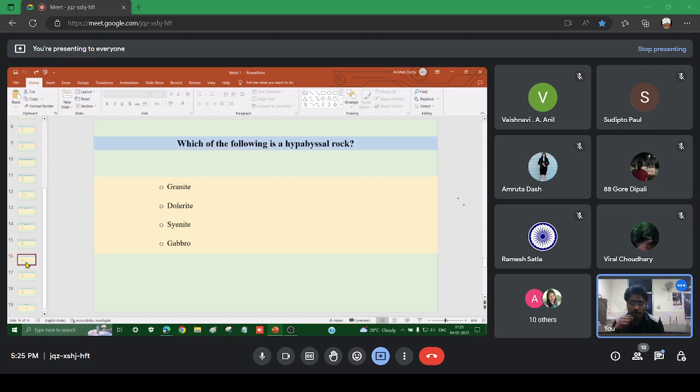Which of the following is a hypabasal rock? I repeat, which of the following is a hypabasal rock? The options are granite, dolerite, syenite, gabbro.